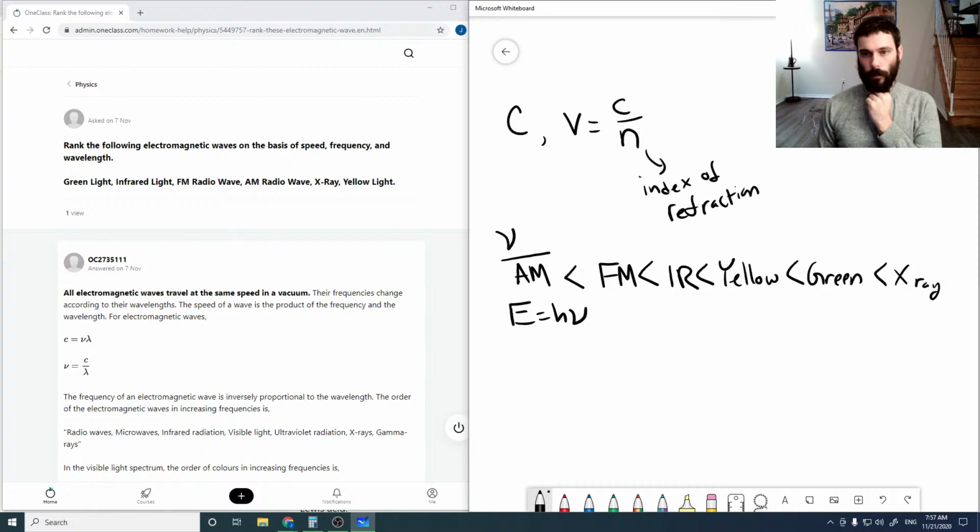And then lambda, so v is nu lambda, or lambda is v over nu. As they're all at the same speed, it's just an inverse relationship to our frequency. So that means our wavelength will be the opposite.